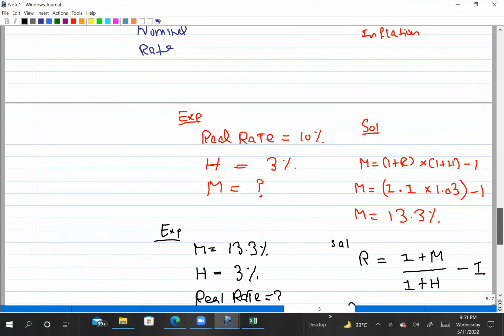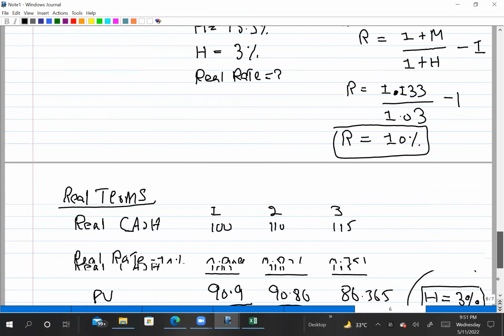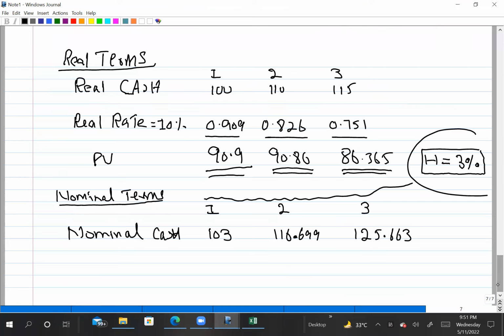And the nominal rate of return is 13.3%. If you remember this, we have 13.3% rate of return. So if we have 13.3%, then the discount factor will be raised to power -1.